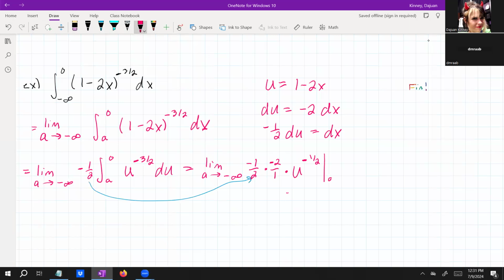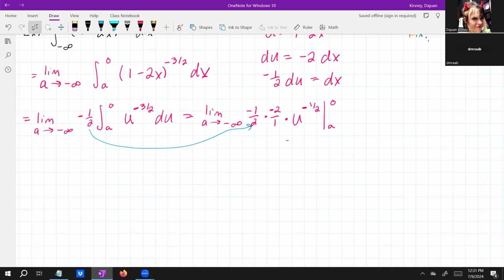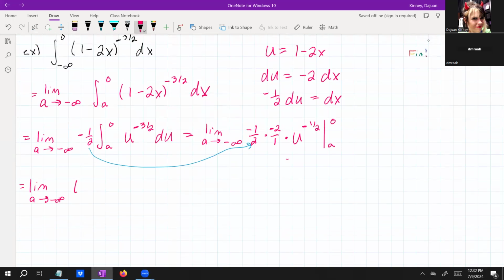And we go from a to 0. Well, that's a disaster. Okay, so this just gives me my u, which was 1 minus 2x, to the negative 1/2 from a to 0.